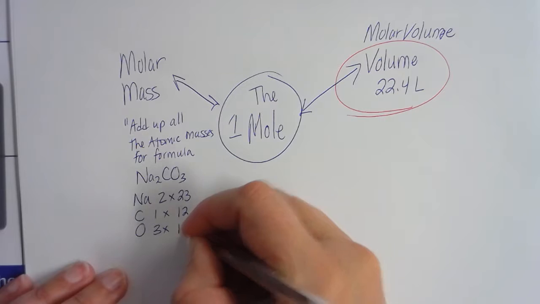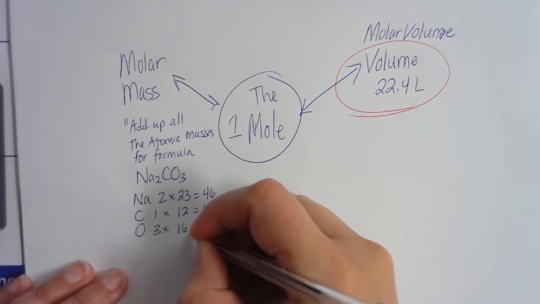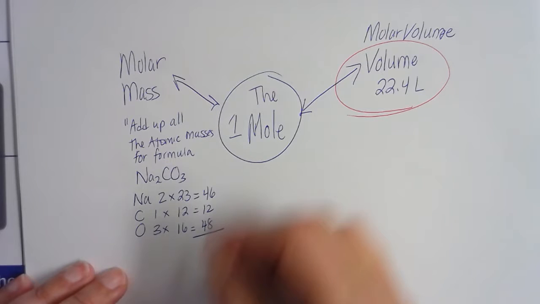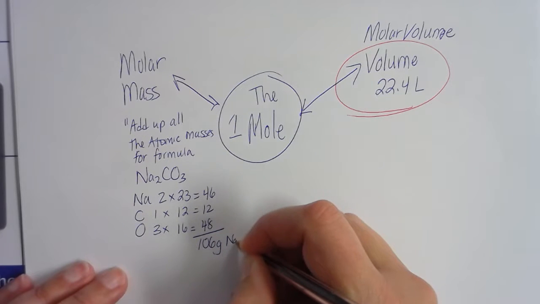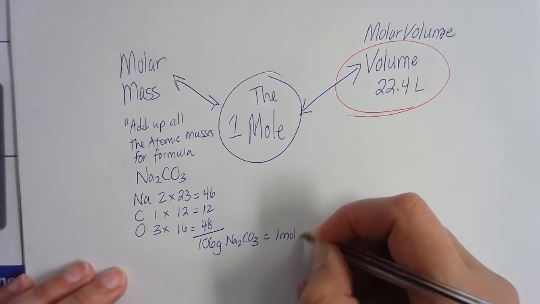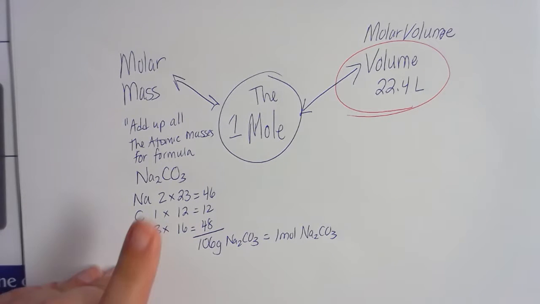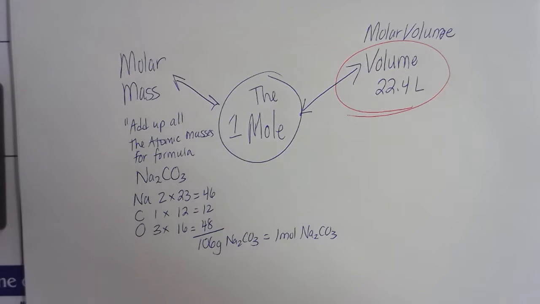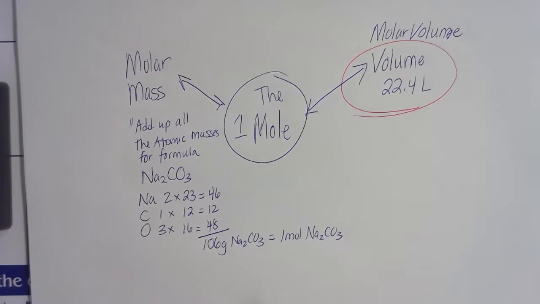And we're going to do this math. If you did the math, you would get 106 grams of Na2CO3 equals 1 mole of that same substance. Okay, so that is how you find the mass for any substance and relate it to mole.